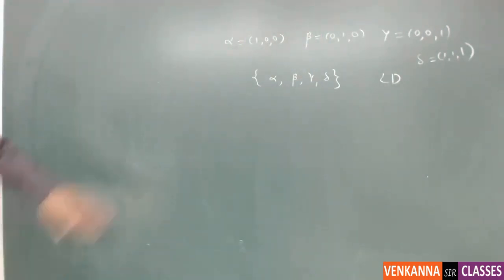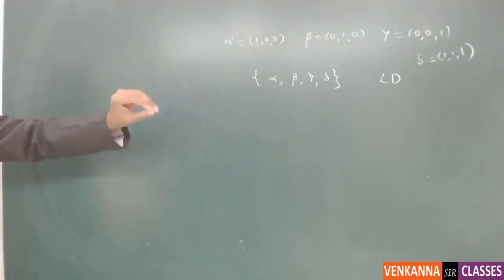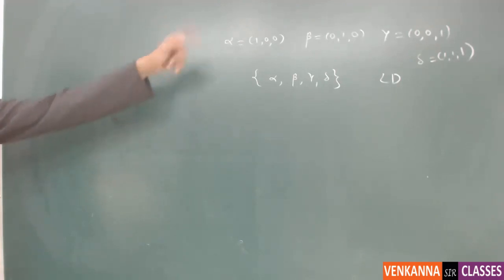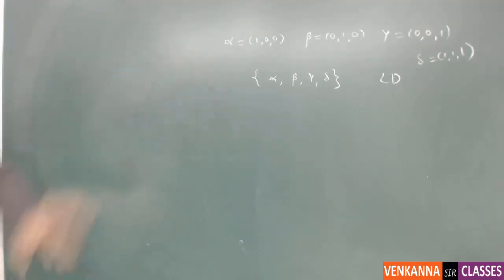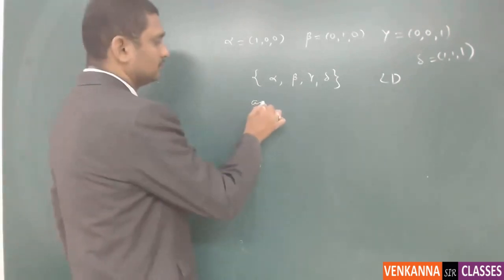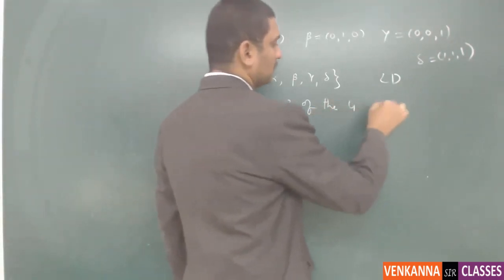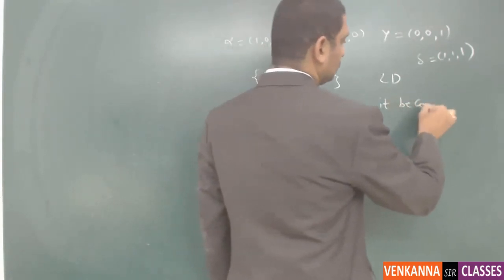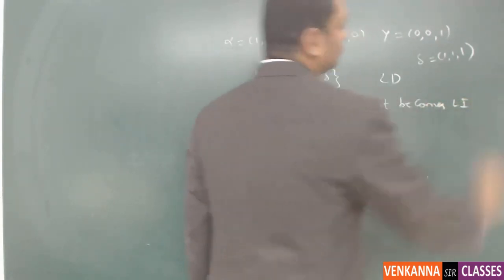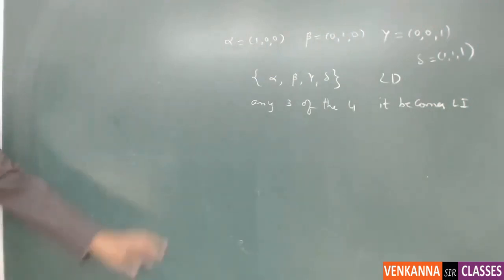Or if I choose any 3 of the 4 vectors, it becomes LI. So this is my objective to prove.